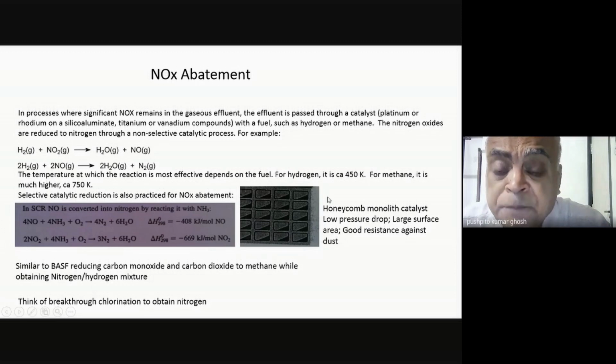By the way, you would have heard of catalytic converters in vehicles, because when these vehicles run, they generate NOx and SOx and things like that. So those have to be reduced, converted into safe chemicals, and that is what is done by these catalytic converters.